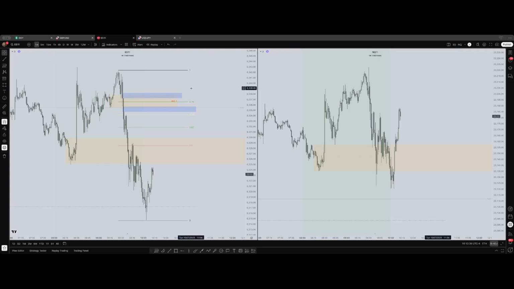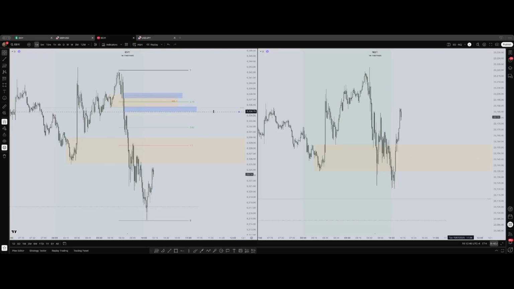So that's an interesting area. If price comes here, put an alarm to go short from here.